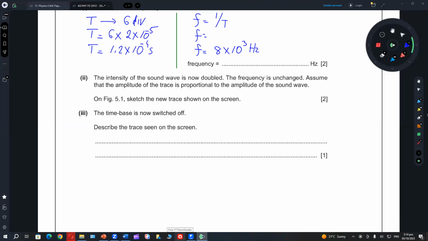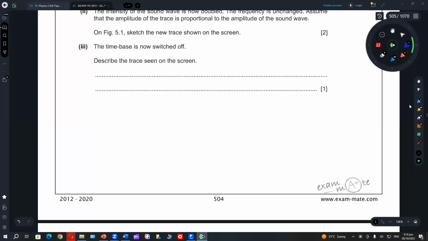But doubling the intensity, as we were discussing on that day, does not double the amplitude. We have a concept: I1 upon I2 is equal to A1 upon A2 whole square.